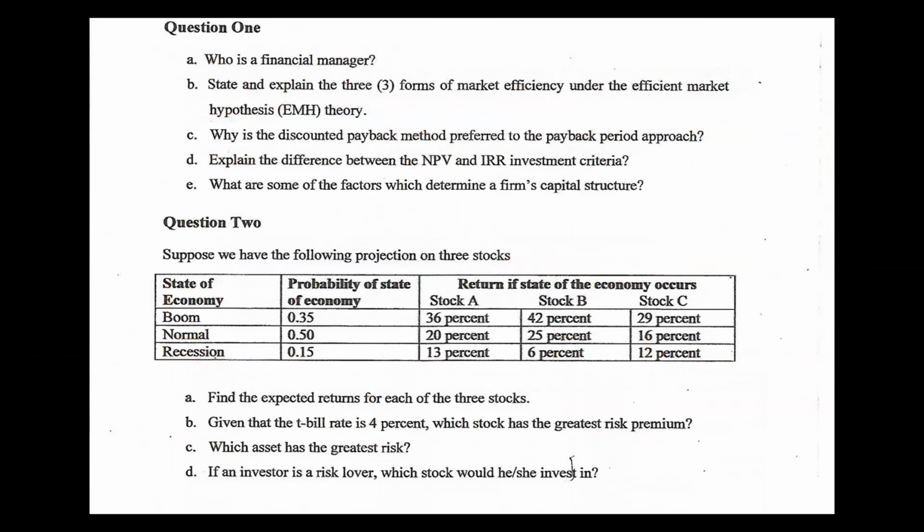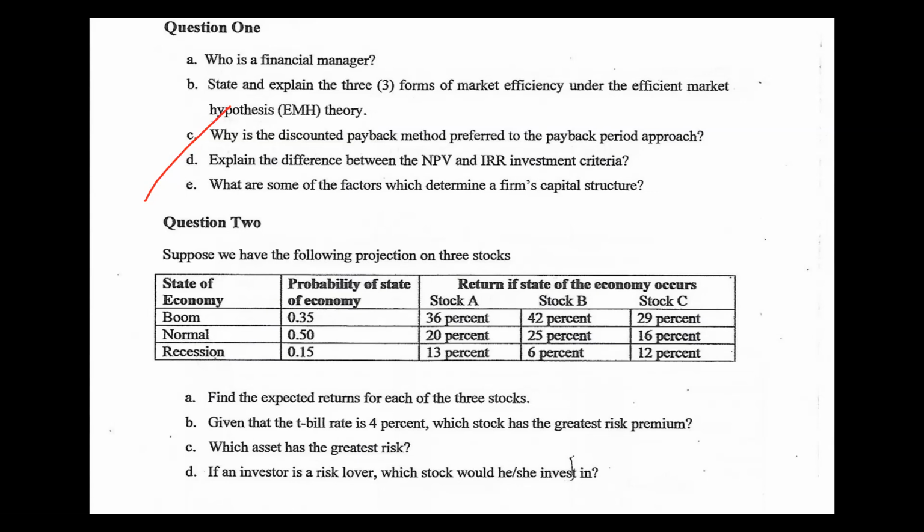Next question is, why is the discounted payback method preferred to the payback period approach? Remember I talked about investment appraisals. We talked about investment appraisals, present value, net present value, internal rate of return.